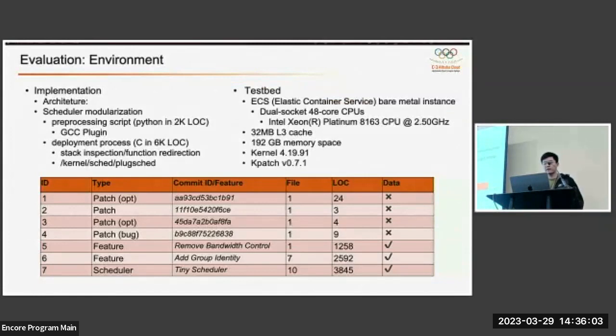It contains 2 kilo lines of Python code and 6 kilo lines of C code. We perform most of the evaluations with several bare metal servers, as shown in the right configurations. To show the expressiveness of plug-skewed, we use 4 randomly selected Linux upstream patches and 3 new schedulers.